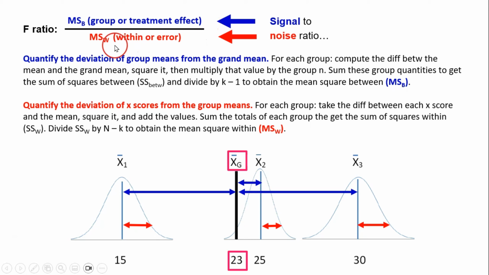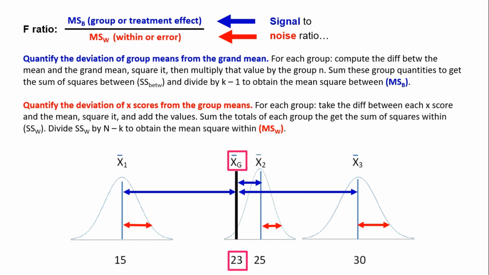But we have to consider the variability in each group in order to do that, and that's the denominator. And so in an ANOVA procedure like this, the variability of the X scores around each individual group mean is in a way considered to be sort of error, if you will, okay?